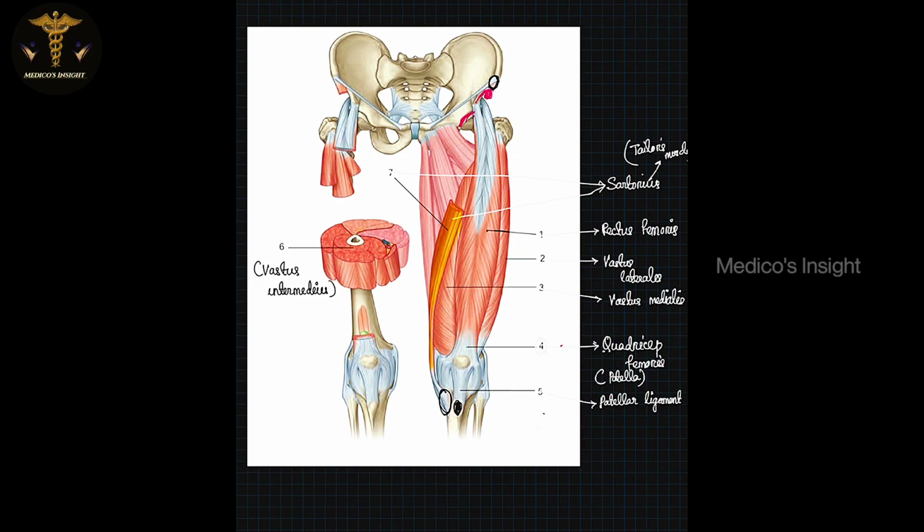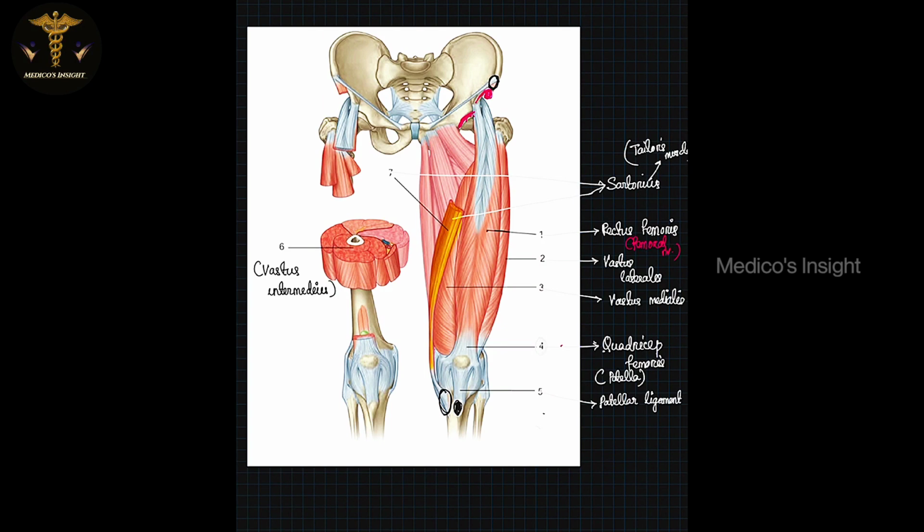Here it is anterior inferior, and this one is the reflected head. Okay, so the rectus femoris muscle is supplied by the femoral nerve. We can clearly say that the anterior compartment of thigh muscle is all supplied by femoral nerve.